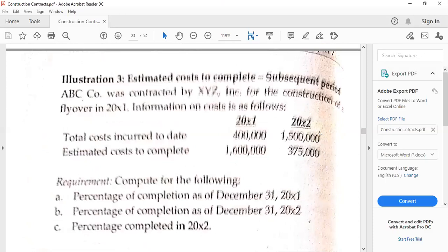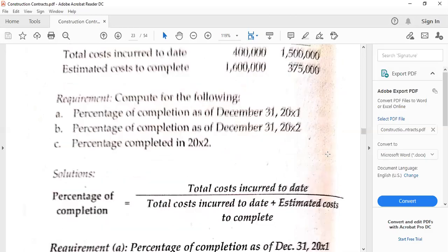So it's clear that the denominator would be the sum of the two. We can also notice that the estimated cost to complete have varying or fluctuating values, because at the end, for example, first year, this is the total cost that we estimate to complete the project at 1.6 M. But for 20x2, we assume that this is the cost we project to complete the project.